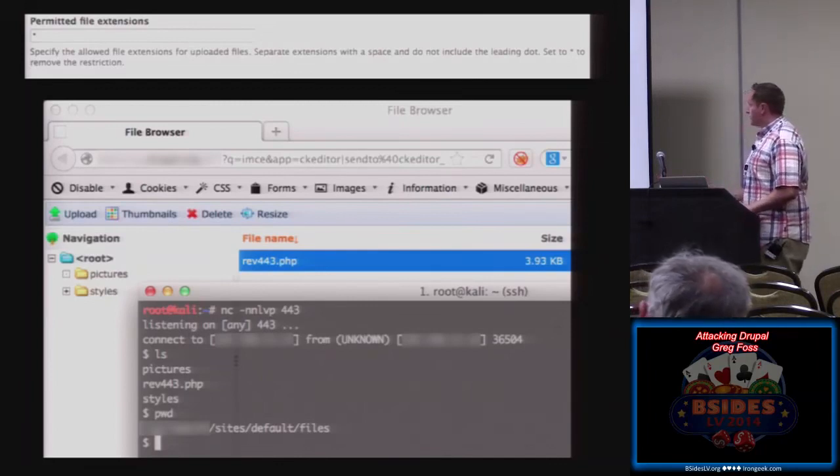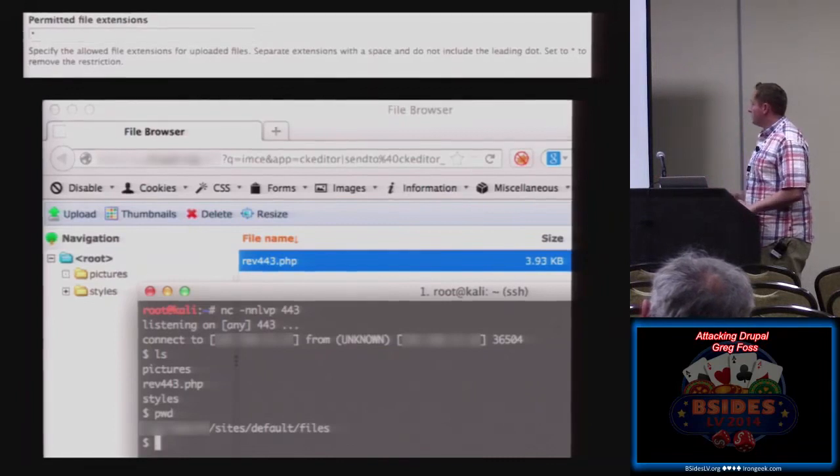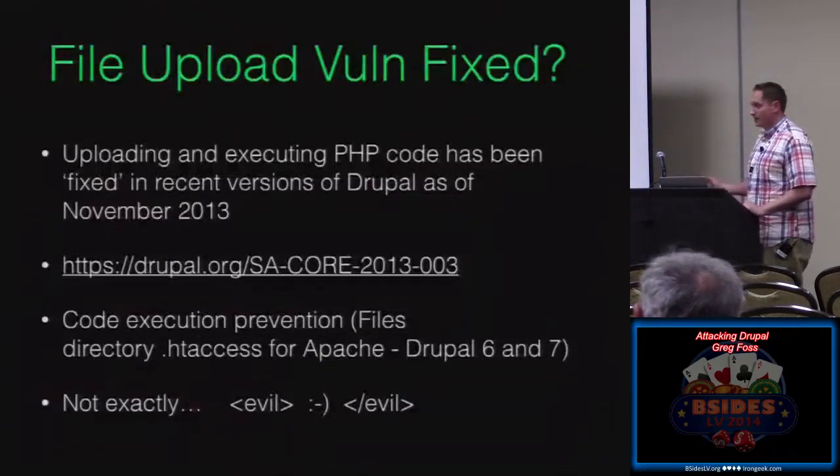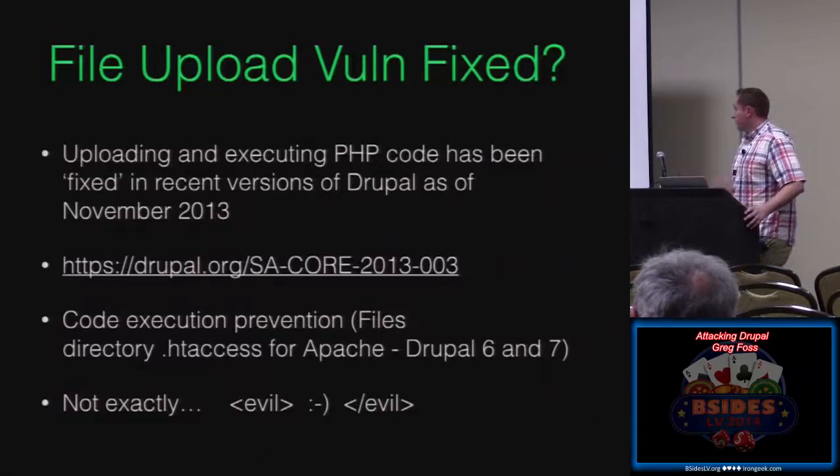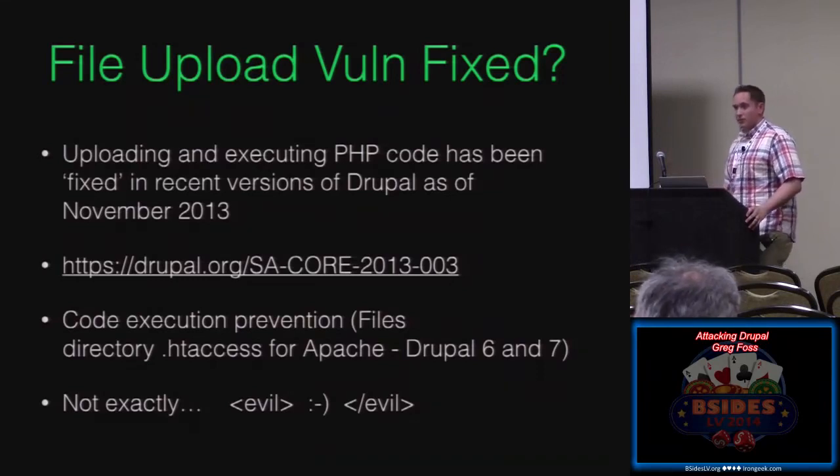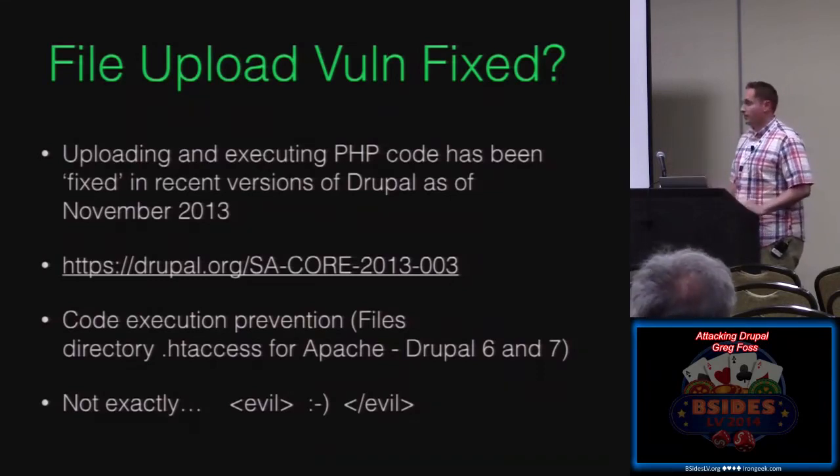One of the things the Drupal security team did is they tried to fix it. They tried to patch this back in November of 2013. What they did is put an htaccess file that prevents the execution of PHP files in the /files directory, which is essentially the default directory that files are uploaded to when you configure file uploads on a Drupal application.